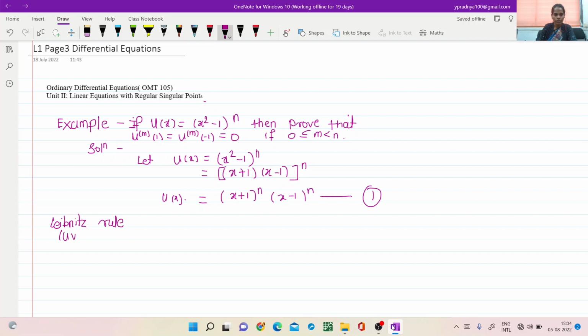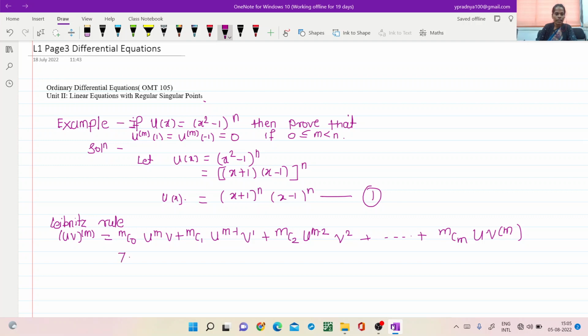If u and v are two functions of x, then their mth derivative is equal to mC0 u_m v plus mC1 u_(m minus 1) v1 plus mC2 u_(m minus 2) v2 plus and so on, mCm u into v_m. Using this Leibniz rule, we have to find the mth derivative of u.